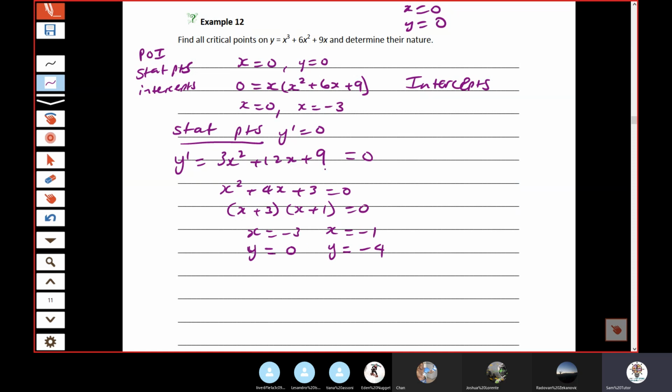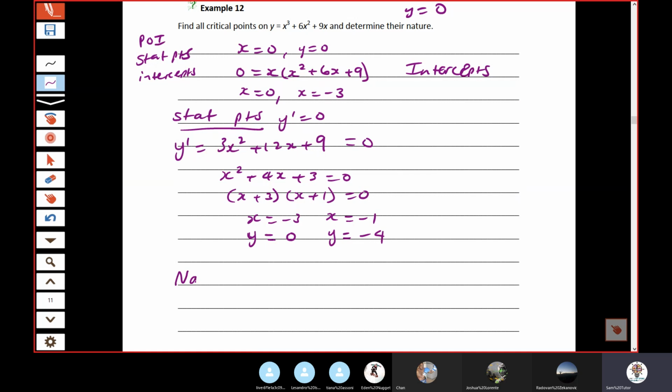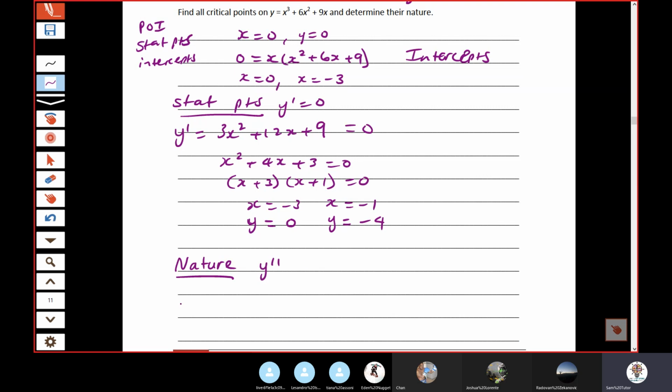Stationary points. Okay. Then we have to do nature. You're not meant to do the y double dash method for this, so we do y double dash, which is equal to 6x plus 12. So then you go at negative 3 and 0.